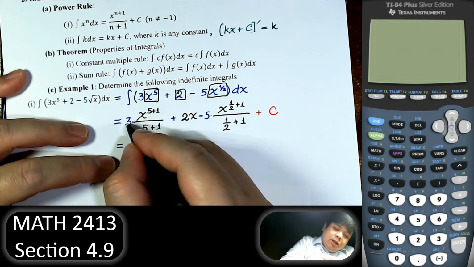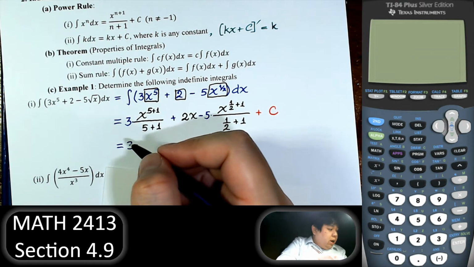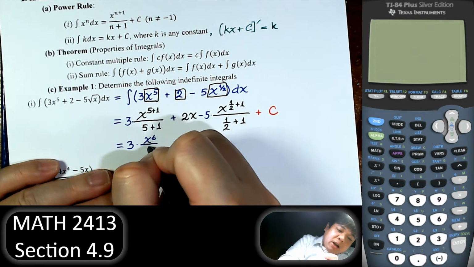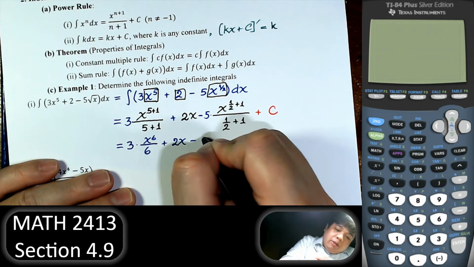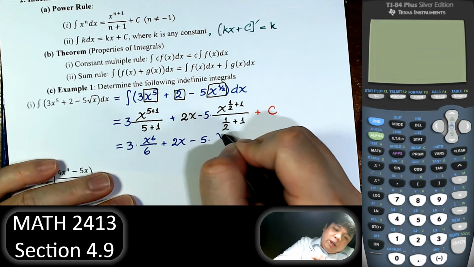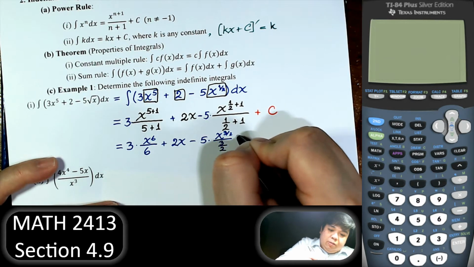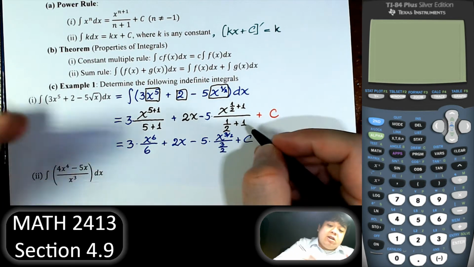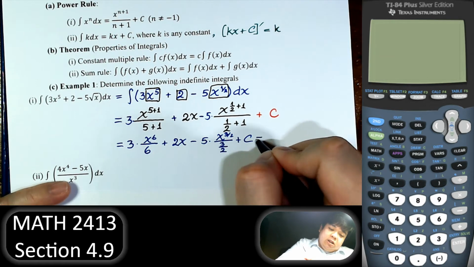So that gives us 3 times x to the 6 divided by 6, plus 2x, minus 5 times x to the 3 halves over 3 halves, plus c. Well, let me simplify first and then we go back and say why we have to have each constant.